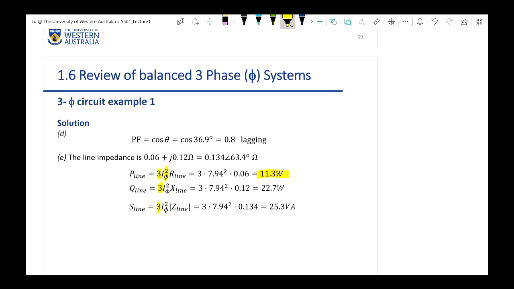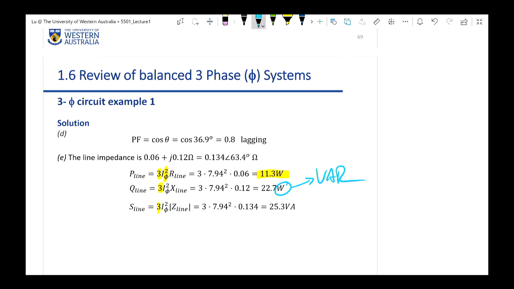In the calculation of the reactive power? Should we use watts for reactive power? Definitely not. This is wrong. Guys, sorry for the typo. Correct it again. So what should I write here? Thank you very much. Okay.